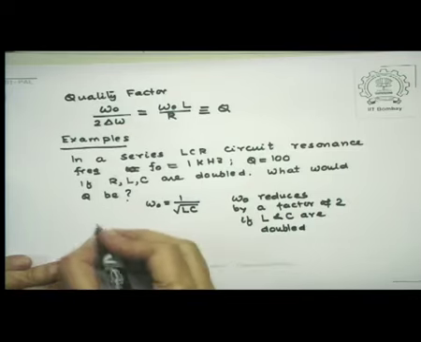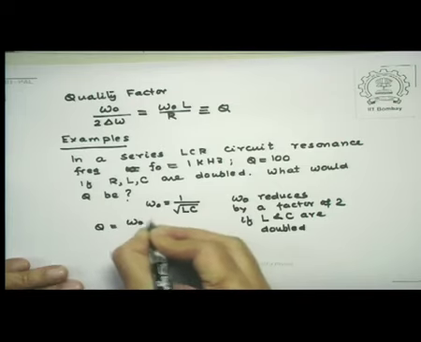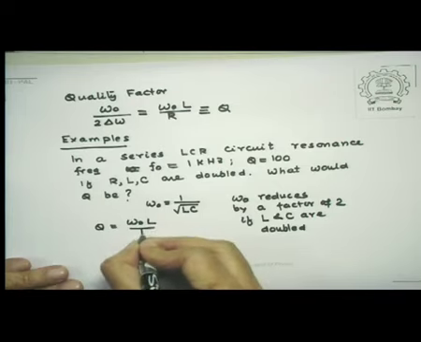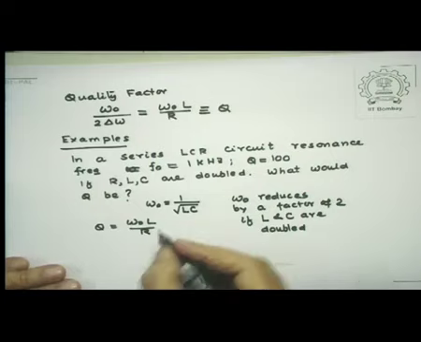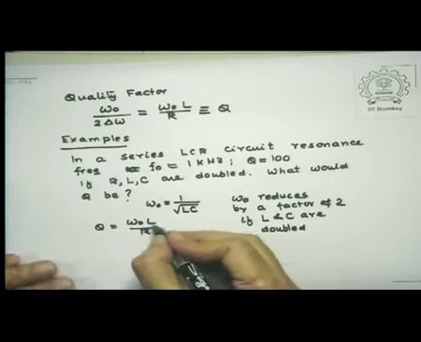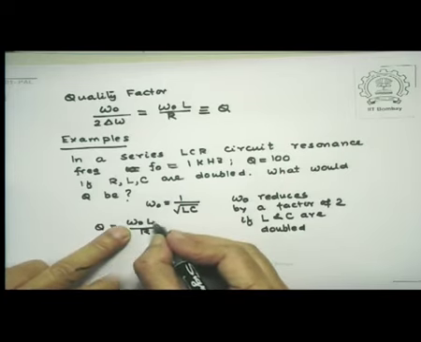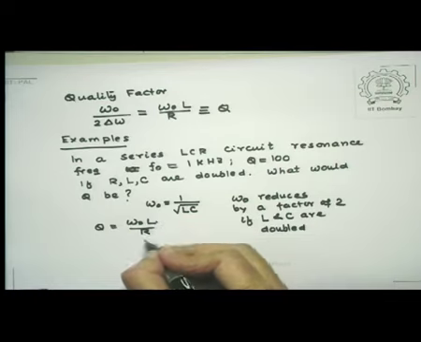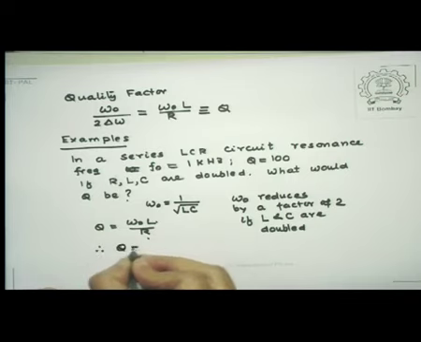But remember, my Q is omega 0 L divided by R. So we have seen that omega 0 would reduce by a factor of 2, but since you are increasing both L and R, nothing would happen to this factor. So therefore, Q will become 50.